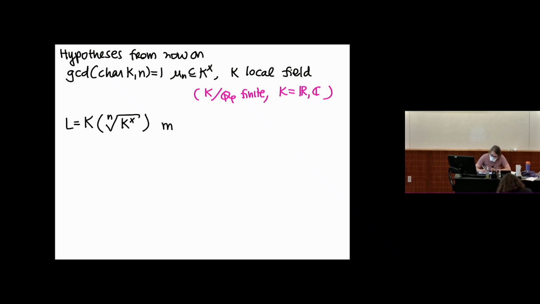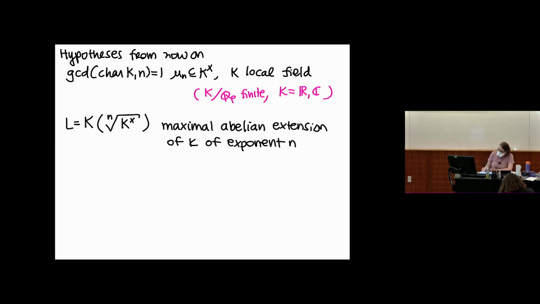So this is the maximal abelian extension of K of exponent n. Because every abelian extension of exponent n is taken by taking nth roots. So if you take all the nth roots, that's the biggest one you can get.